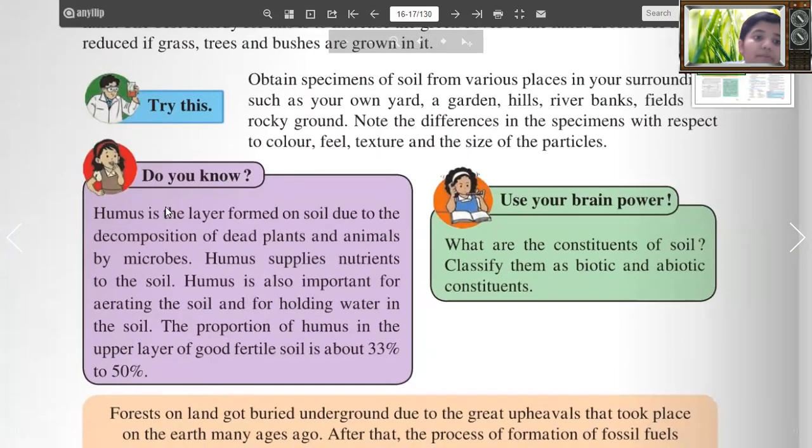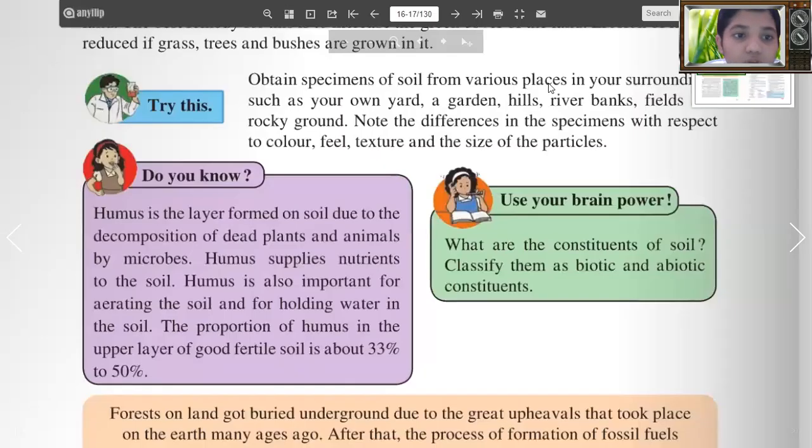Do you know? Humus is the layer formed on the soil due to the decomposition of dead plants and animals by microbes.